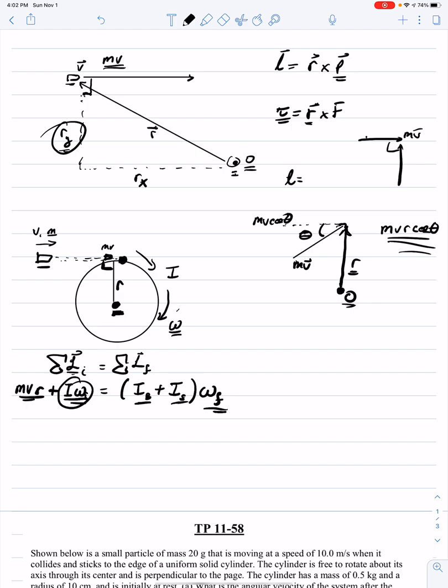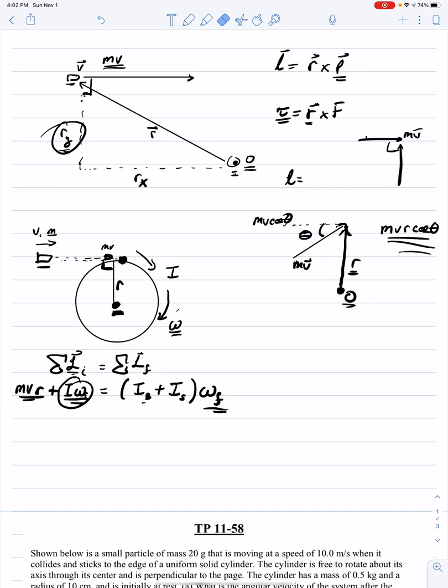Now, for a bullet, and I cannot emphasize this enough, do not forget that little small objects, or something introduced that is in a circular shape, you can consider as a point mass, with rotational inertia of mass times r squared. That is the rotational inertia of an object that is just a point mass.